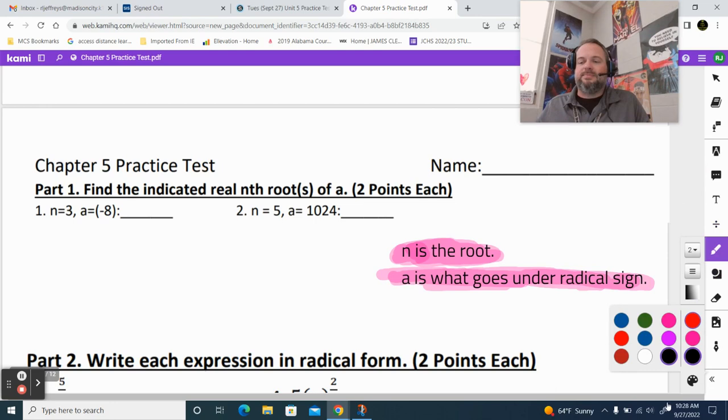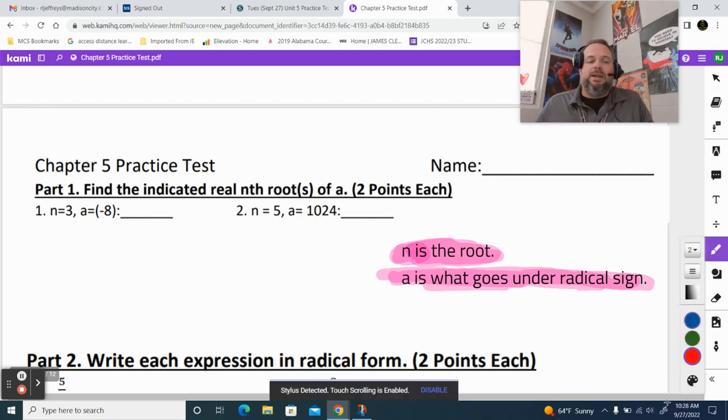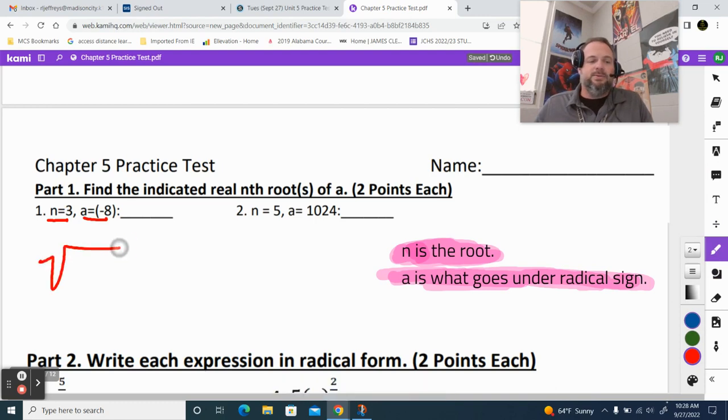Now where n is the root and a is what goes underneath the radical sign. So that means we have to take the cube root of -8.